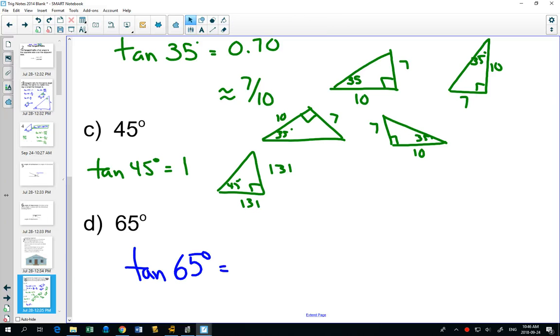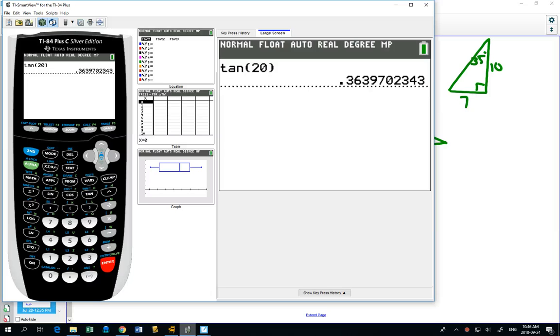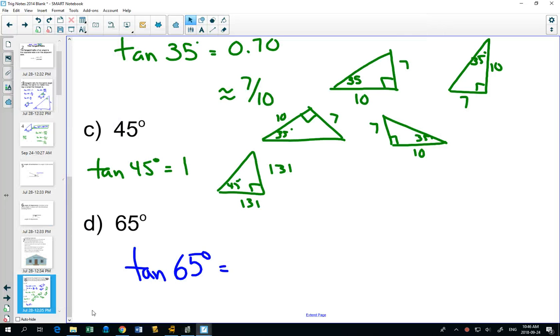Tangent of 65, we go to our calculator. Tan 65 is 2.14. How would you change that as a fraction?